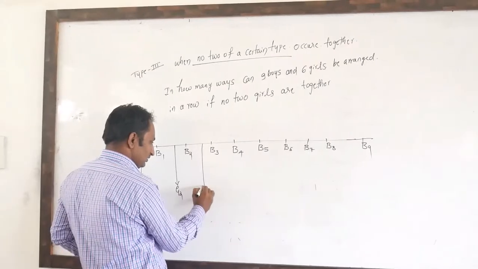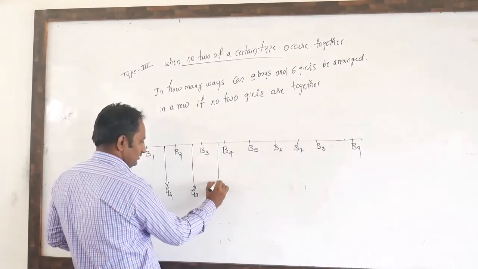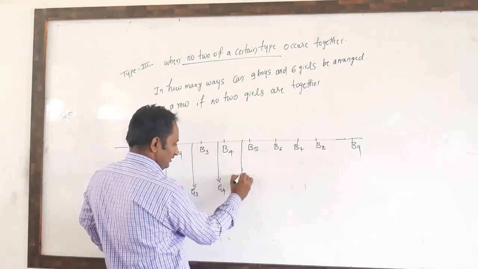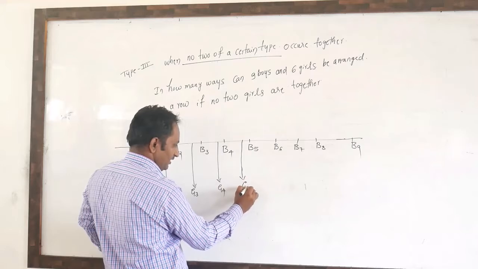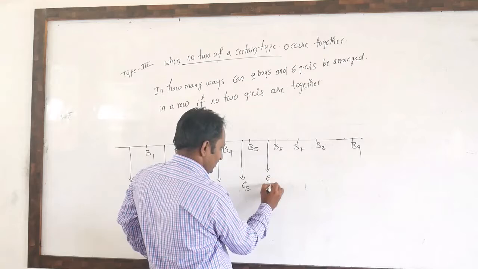Here this is the next way for substituting. This is the 4th way for substituting. Here this is the 5th way. Here this is the 6th way.